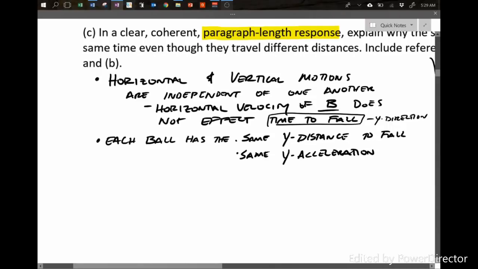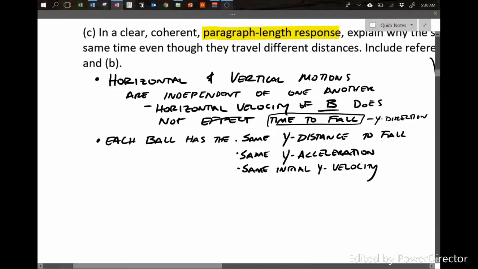You don't necessarily have to go into it, because all objects that fall have the same acceleration due to gravity when air resistance is ignored, but it's not bad to say that. Same y distance, same y acceleration, and they both have the same initial y velocity.